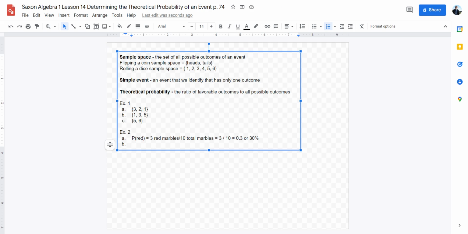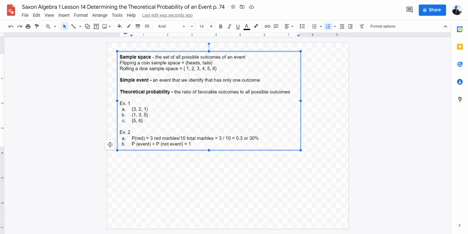Now here's something you need to know. The probability, and make sure you get this in your notes too. All of these examples should be in your notes. The probability of an event plus the probability of that event not happening, so I'm just going to write not event, equals 1 or 100%. So if you have a simple event, that simple event has to happen. If I flip a coin, something's going to happen as a result of it.